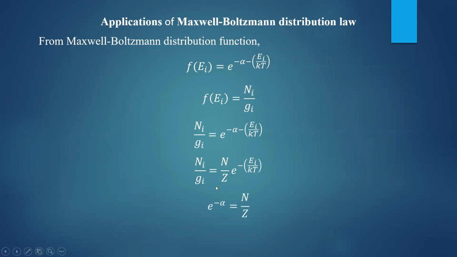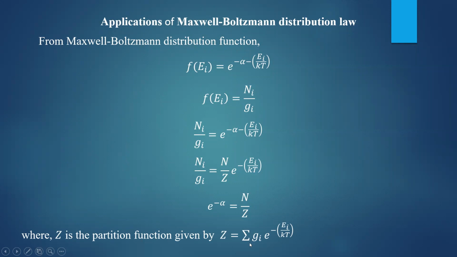Therefore, we have substituted e to the power minus alpha as N by Z, and this Z is called the partition function. Z is given by the summation of gi into e to the power minus Ei by kT. So what you have to do is take Z equal to N divided by e to the power minus alpha.